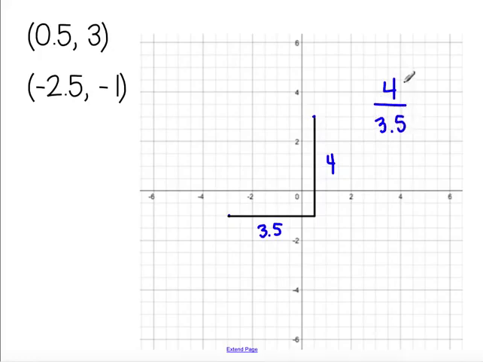Now this one doesn't simplify very nicely, so let's just leave it as 4 over 3.5. You could give me a decimal if you would like to. You could actually use division to find this, but this would work as well.